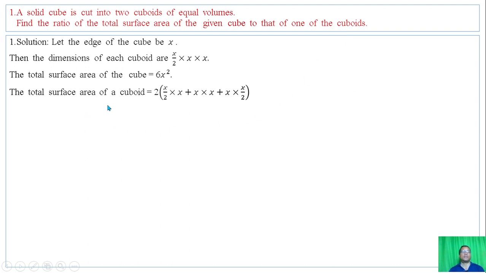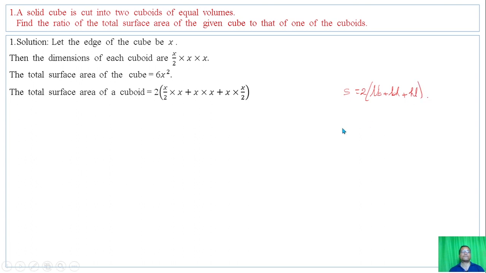The total surface area of the cuboid. Cuboid adugi surface area, the total surface area of a cuboid is 2 times x by 2 into x plus x into x plus x into x by 2. Cuboid amagi total surface area putokpagi formula di 2 times of length plus breadth is plus is L haibasini.